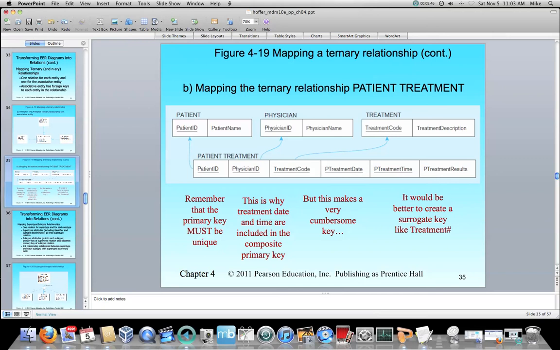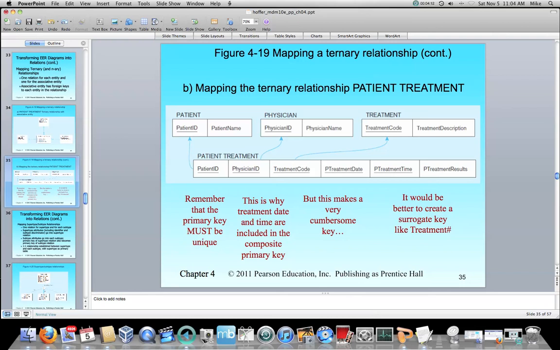When we talked about the associative entities video, I said that it was fairly rare that an associative entity would have its own system-generated unique identifier primary key. This would be a situation where that would be appropriate. And that is the end of my video lecture on changing ternary.